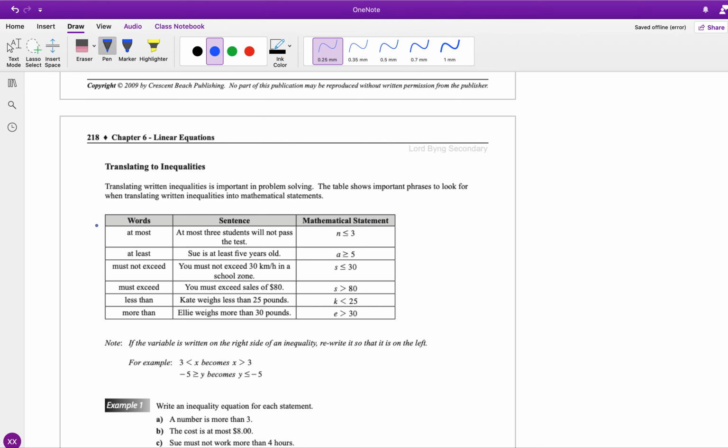Okay, so now take a look at all these so-called translations from either an English word or an English sentence into a mathematical statement. Now, by the way, these words and sentences could be in any language.